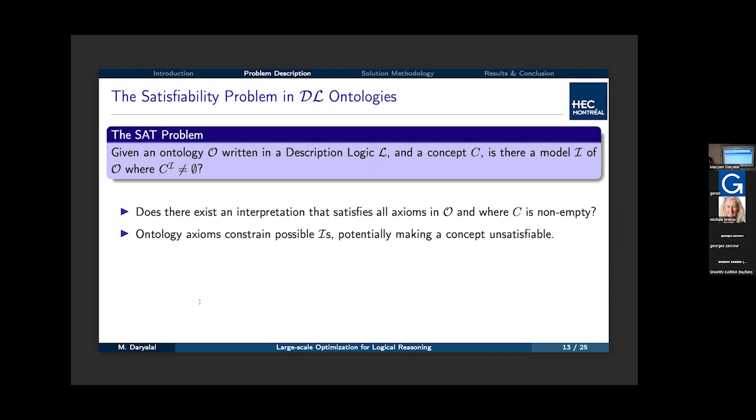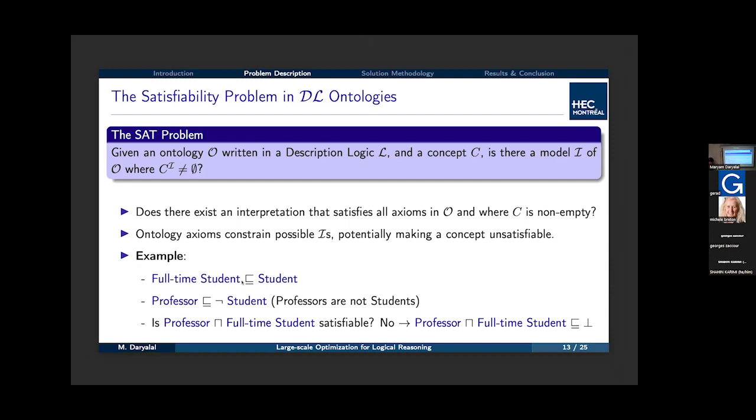Is there a reality in the world that can fit into this particular ontology? And can I find, for every concept in my ontology, an instance? So in other words, I can show it with an example.